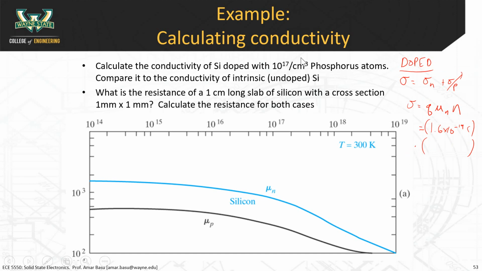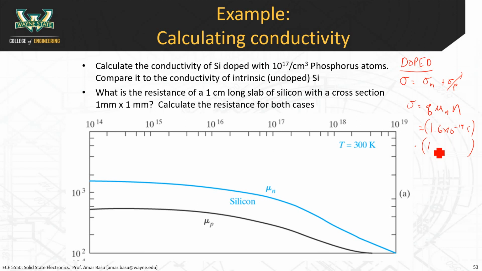So the mobility at 10 to the 17th doping. Remember, this is on a log scale. This 10 to the 17th meets right about here. And if we look across here, we'll find that it's roughly 1,000. We're just approximating here.